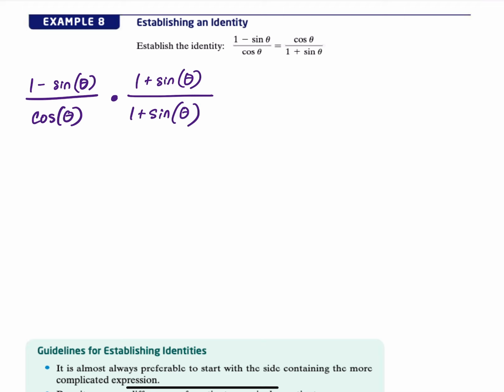So let's just see what this will simplify out to. If we're multiplying those numerators, this will be like a difference of squares again, but let's just multiply it out to show what we have. We have 1 minus sine of theta times 1 plus sine of theta. Well, let's FOIL it out. First two terms will give us a 1. Then we'll get plus 1 sine of theta.